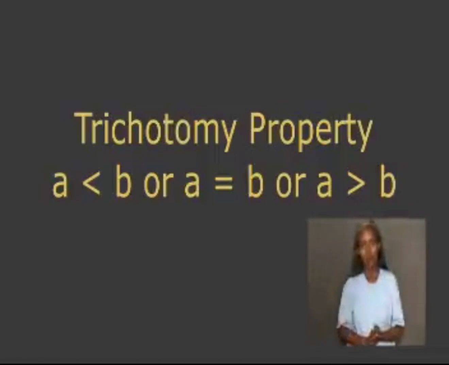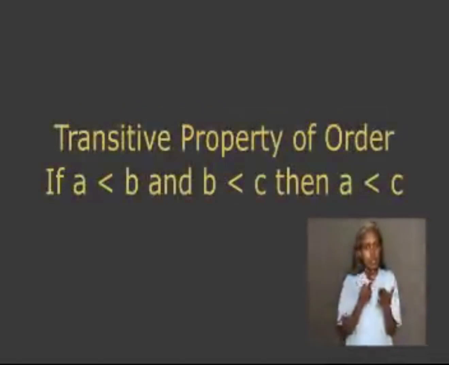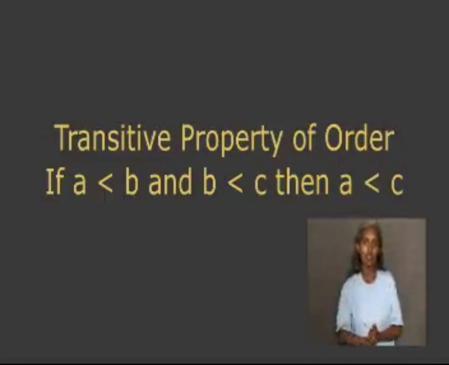A is less than B. A equals B. Or A is greater than B. According to the transitive property of order, for any three real numbers, A, B, and C, if A is less than B and B is less than C, then A is less than C.